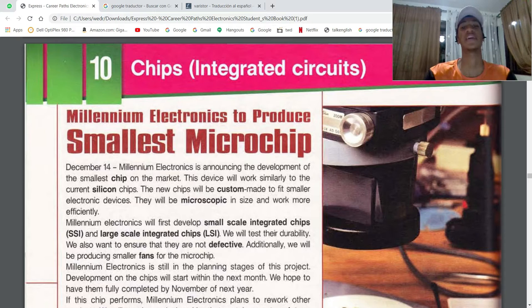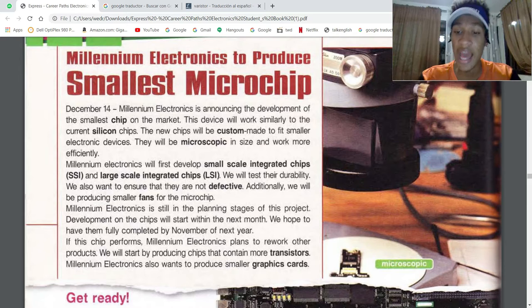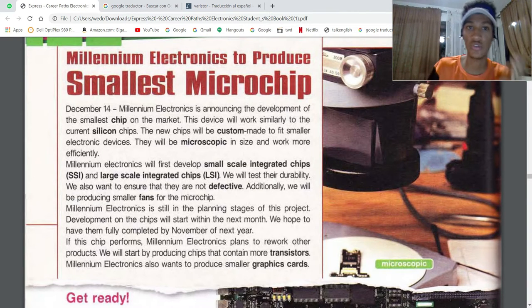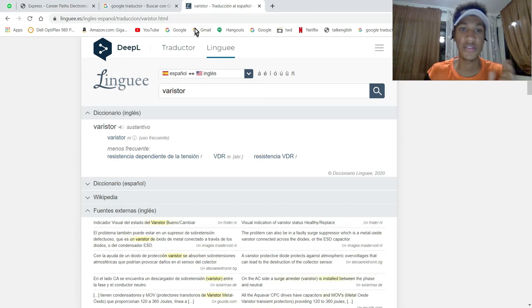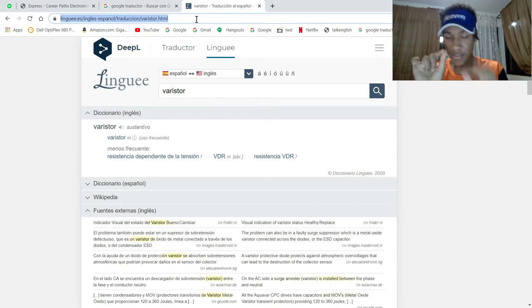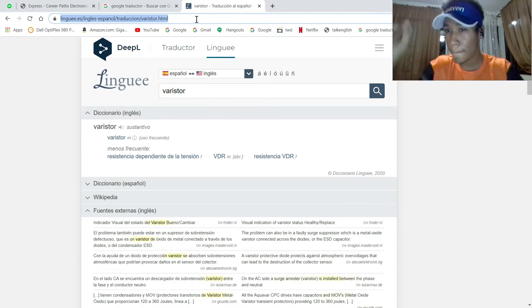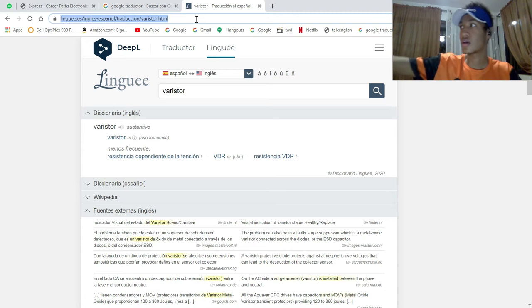Chip. Integrated circuit. This is a millennium electronic to produce small microchips. It is thousands of transistors. You know, a transistor is a very important piece of electronics.